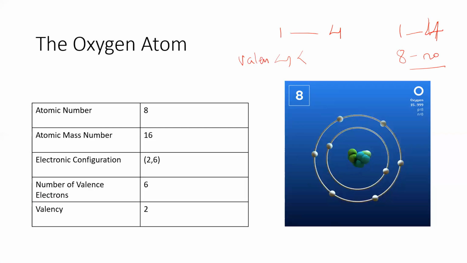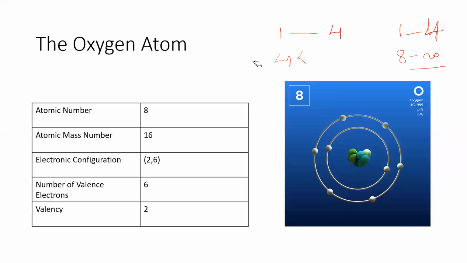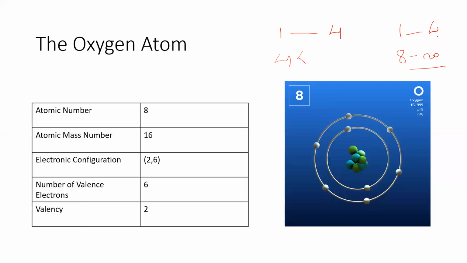Let me just erase this, and we'll put the valency here. And this is my number of valence electrons.